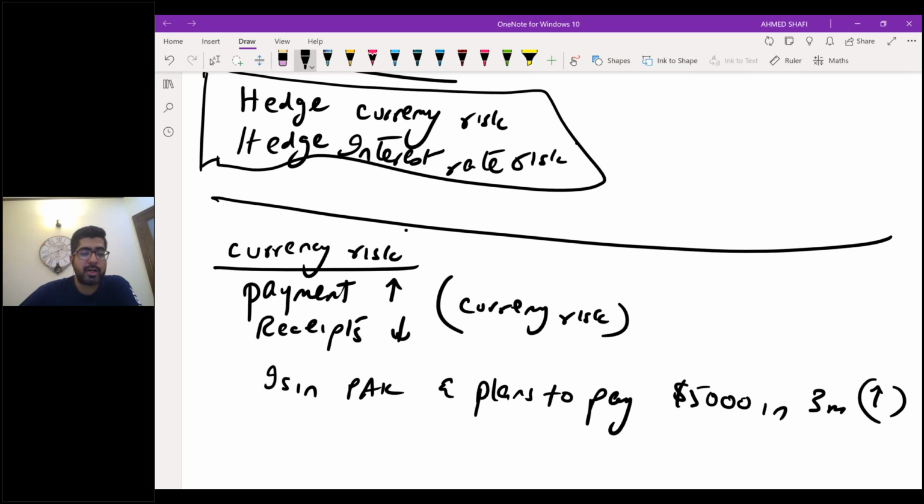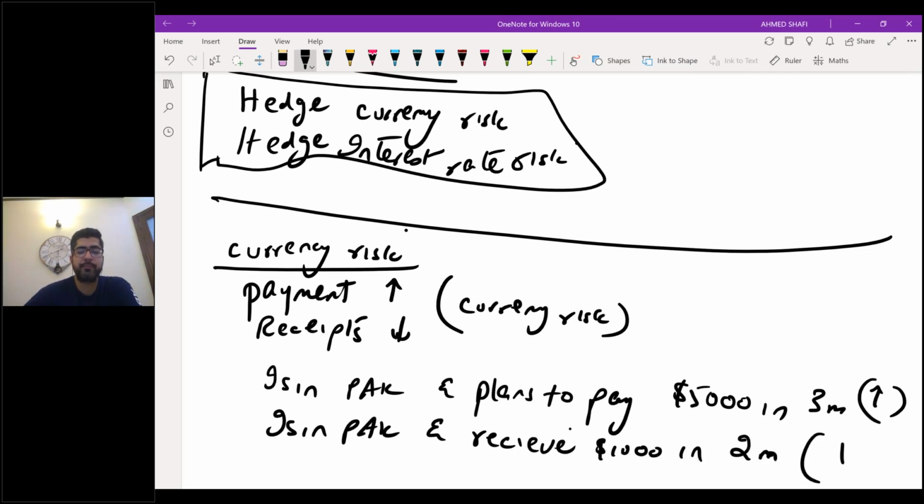This is called currency risk. Or a company is in Pakistan and it will receive $1,000 in 2 months. There is always a risk that rates may go down. This risk is called currency risk: when the company has to pay, the rates go up; when the company has to receive, the rates go down.